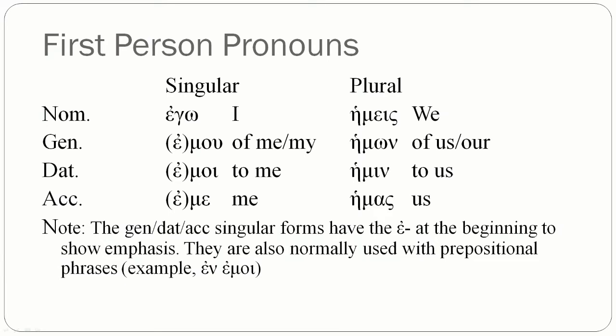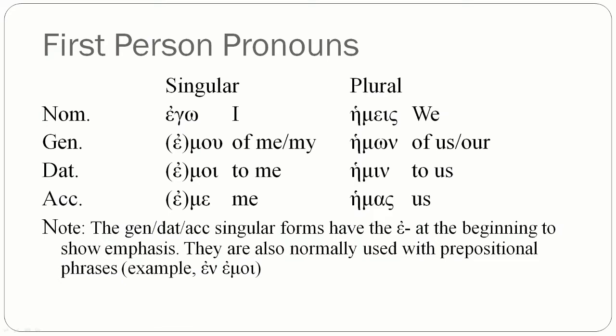Normally what that means is that the epsilon is indicating that there is emphasis on this pronoun. So if you see the pronoun in a sentence and it has that epsilon on it, take some special note when you're translating. The author is wanting to draw some special attention to this pronoun.